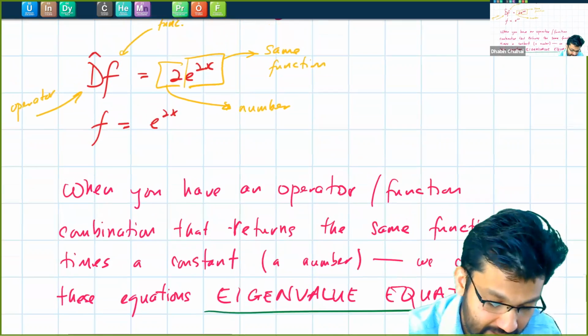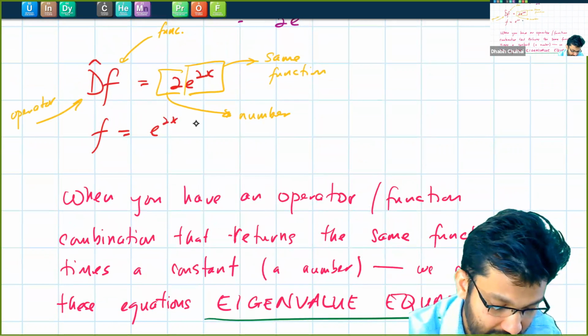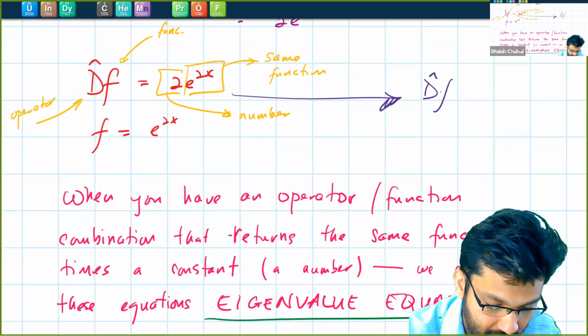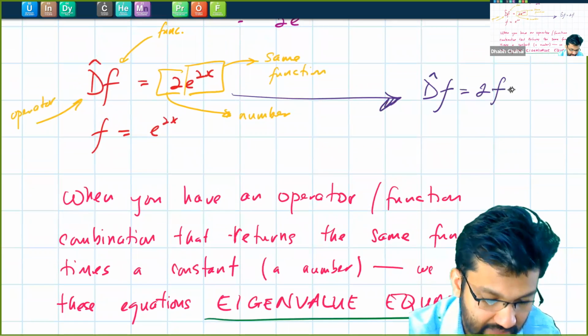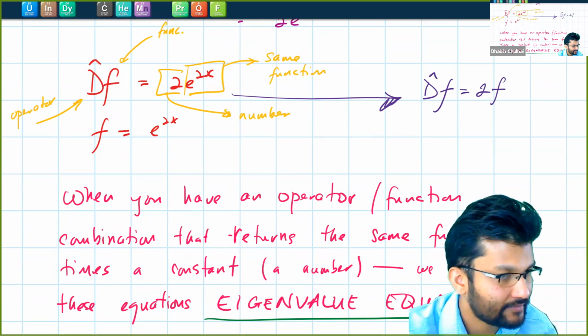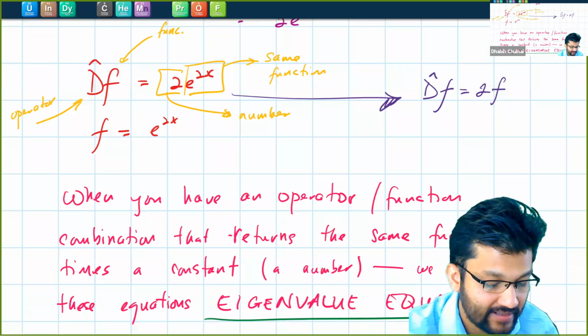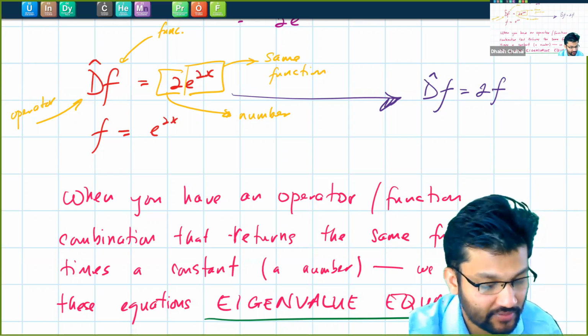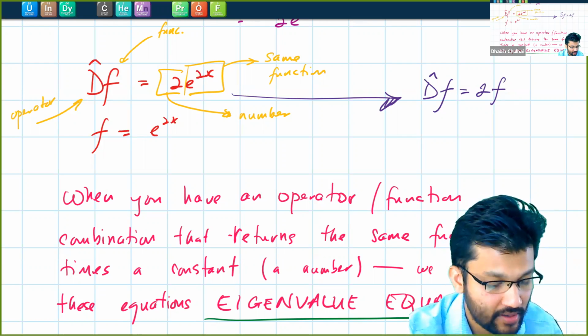So in this example here, we could have written this as the differential operator on some function returns a constant, in this case 2, times the same function. Do we see that? And I brought this up because we're not going to be talking about general functions anymore, or general operator function combinations.